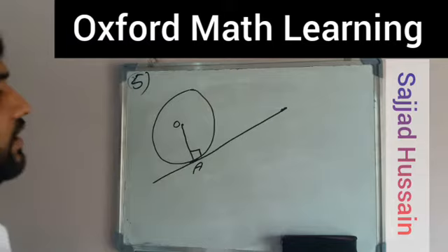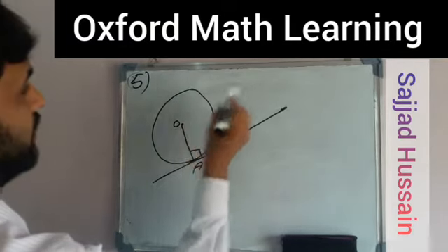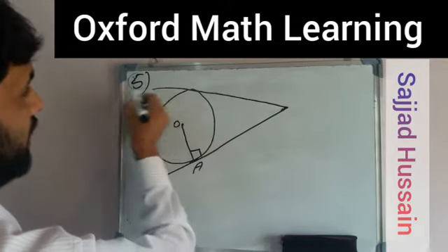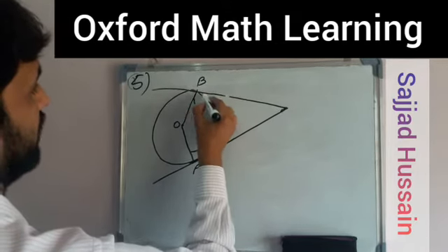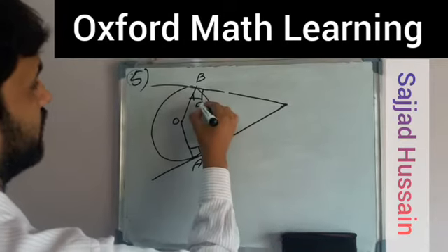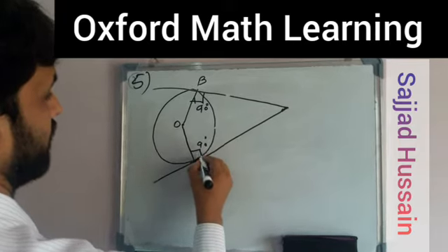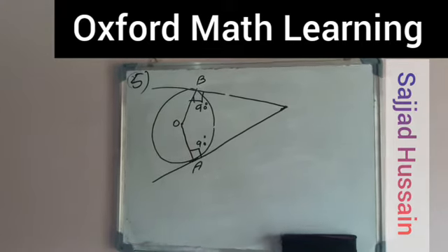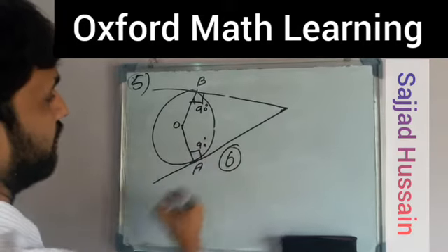A tangent on a circle makes 90 degrees with the radius. If this is another point B, this will also make 90 degrees with this one. Clear? Makes 90 degrees.